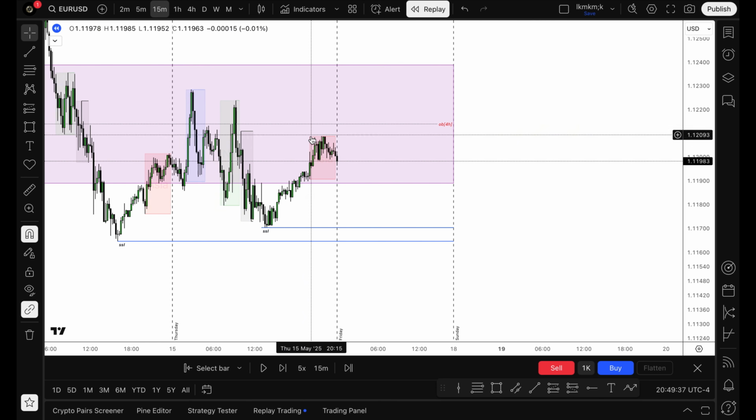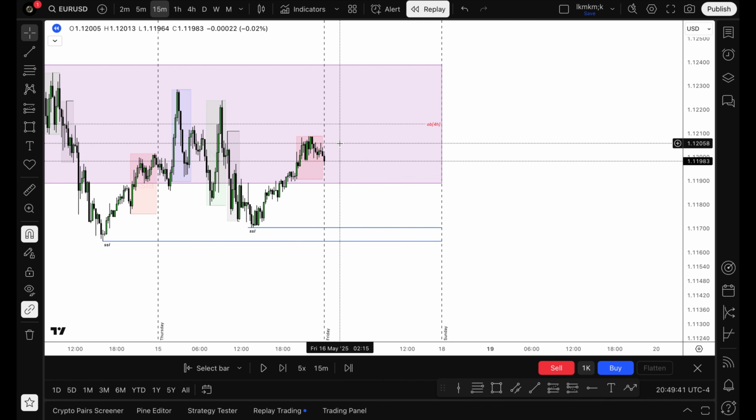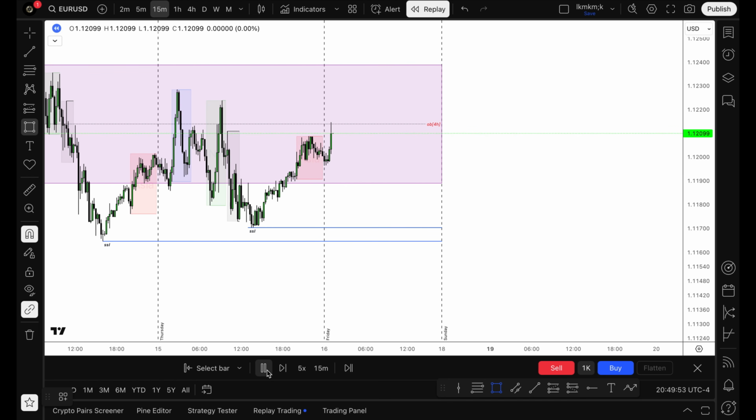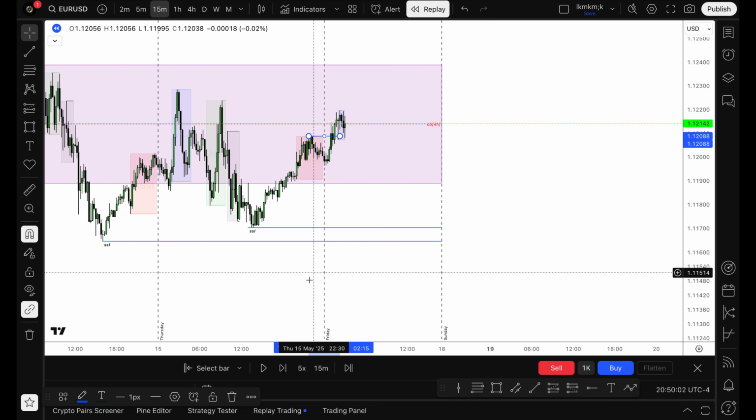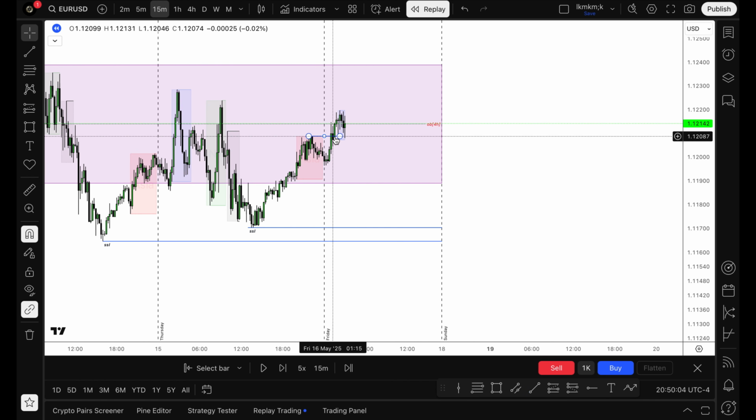before we get the move lower to the downside. So right now the Asian session is printed out, so now we'll wait for the London session where we could possibly get a move to the upside and then move lower to the downside. So if we print again, price has traded above Asian session's highs.